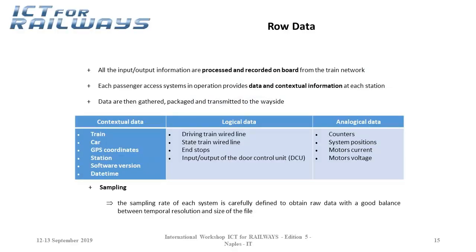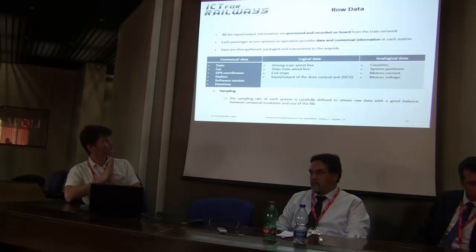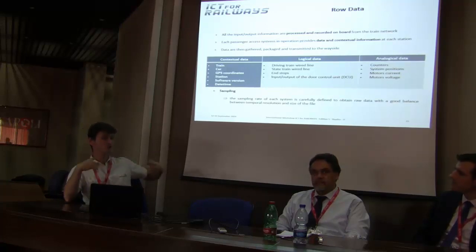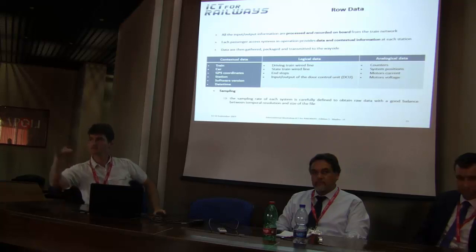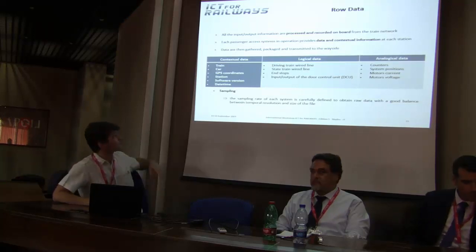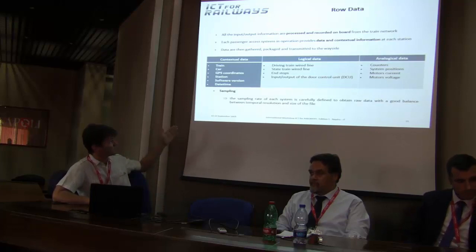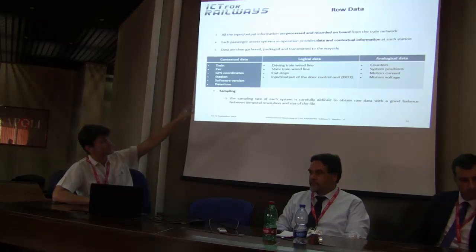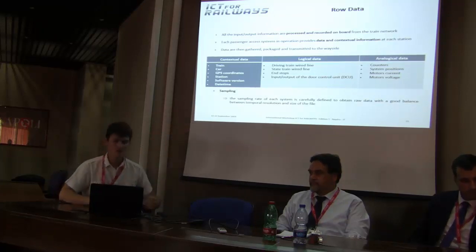For the raw data available for passenger access, we have all the input and output information circulating through the train network. All this information is processed and recorded on board, then packaged and sent to the wayside. For passenger access, we have different kinds of data: contextual data, logical data, and also analogical data.